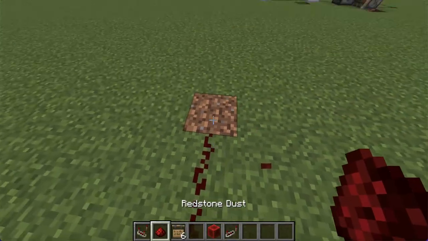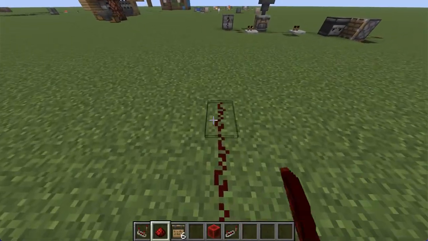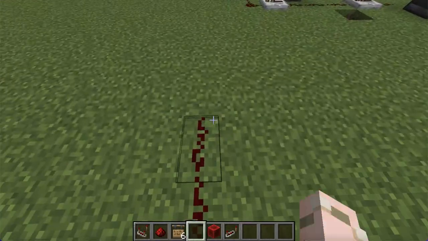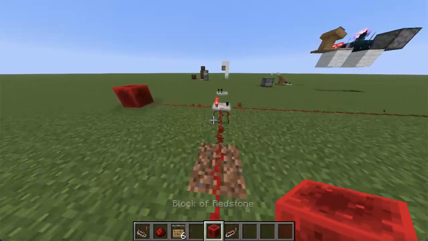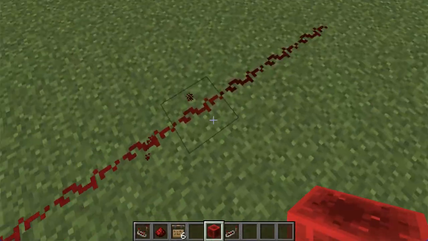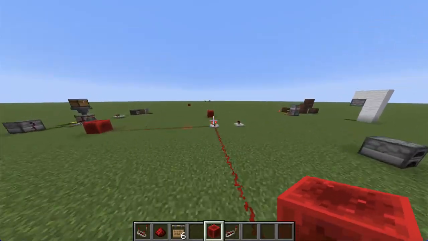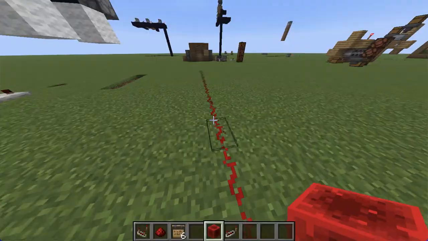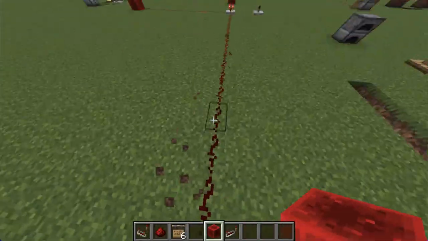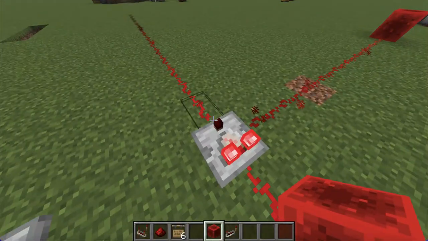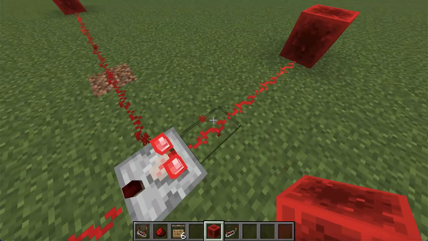Let me do 3, 4, 5, 6, 7, 8, 9, 10. We're going to have a signal strength of 5. Right now, we have the light off, which means we are in compare mode.